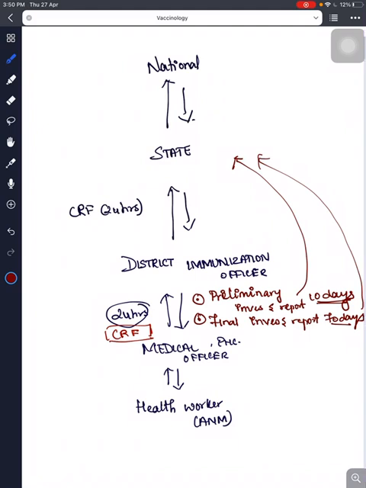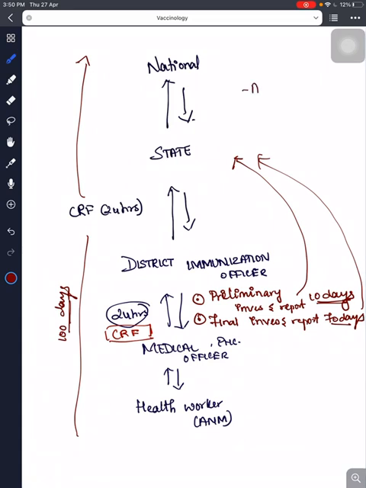After submission of this preliminary investigation and report, within the next 60 days, that is a total of 70 days, the final investigation and report will be submitted to the state immunization officer and even to the national level. So this takes a total of around 100 days from the ANM till the national level for this reporting system to be completed.